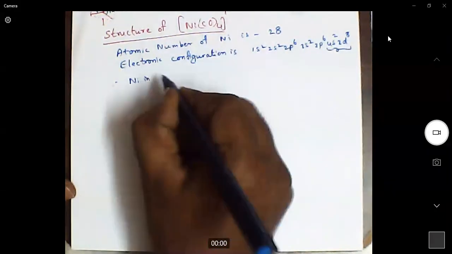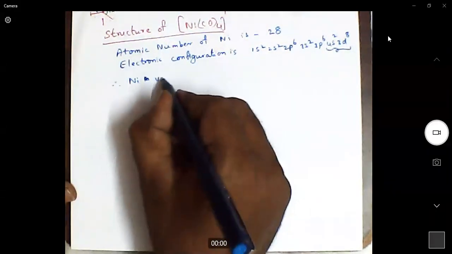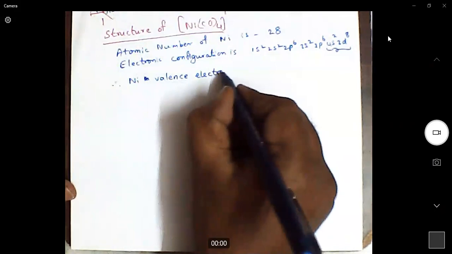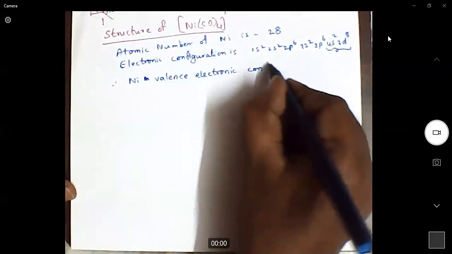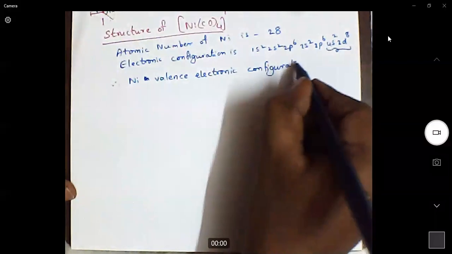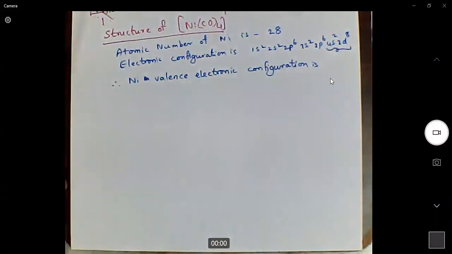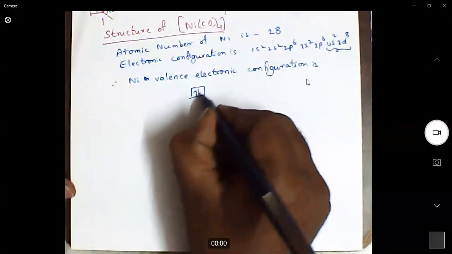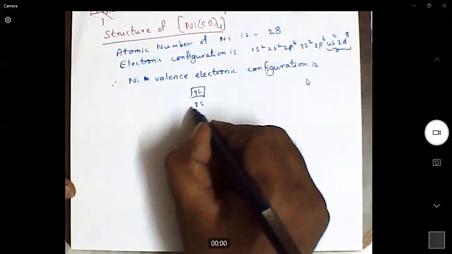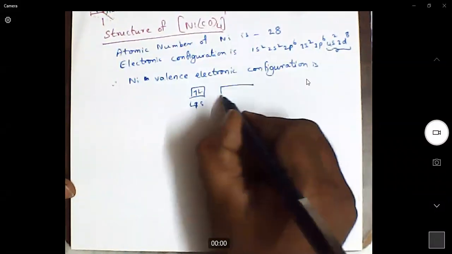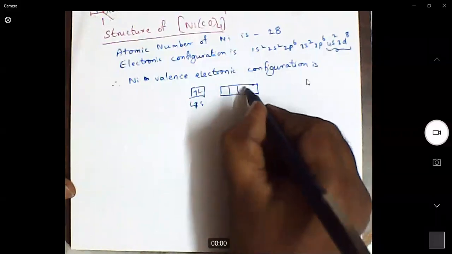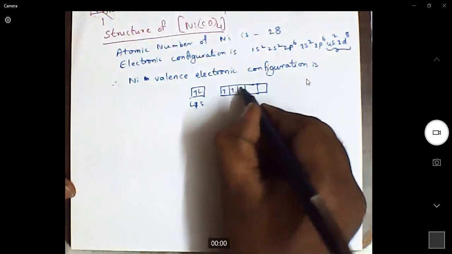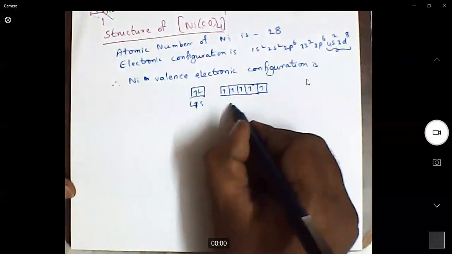In nickel valency electronic configuration, we have 2 electrons in 4s, and we also have 8 electrons in 3d.